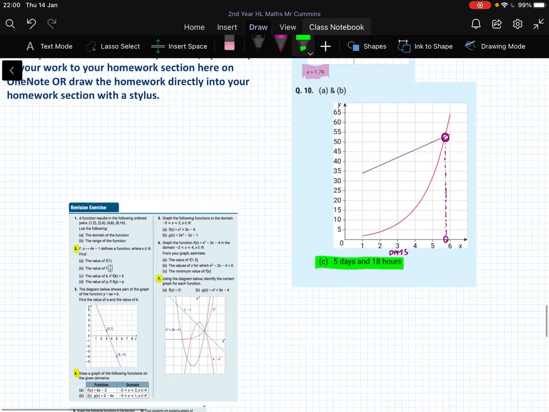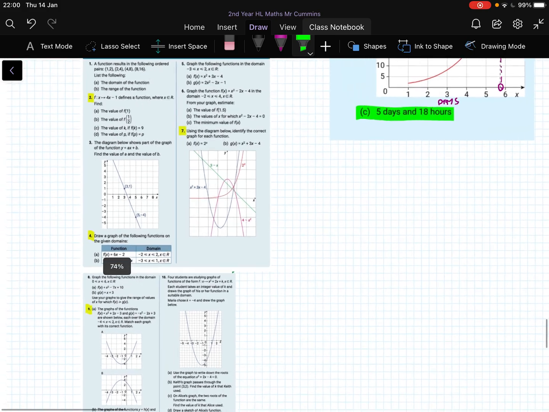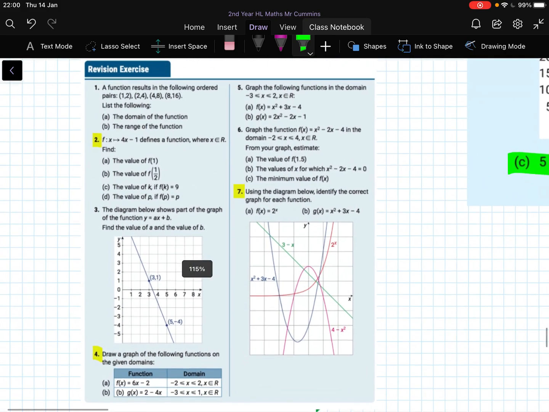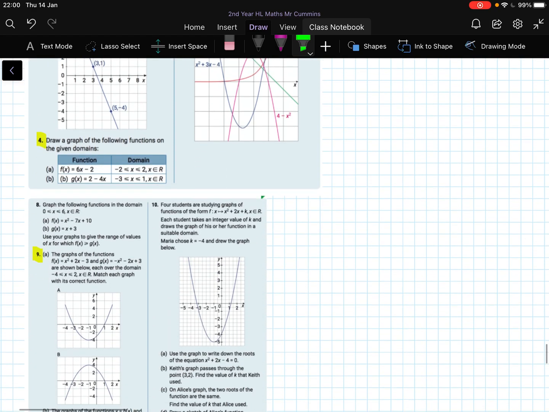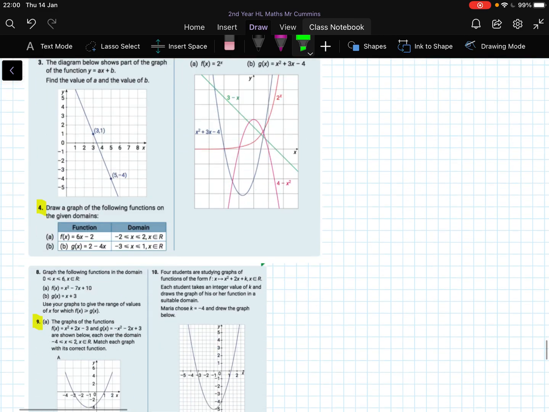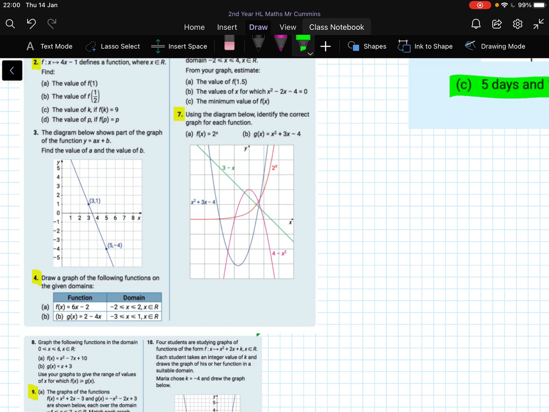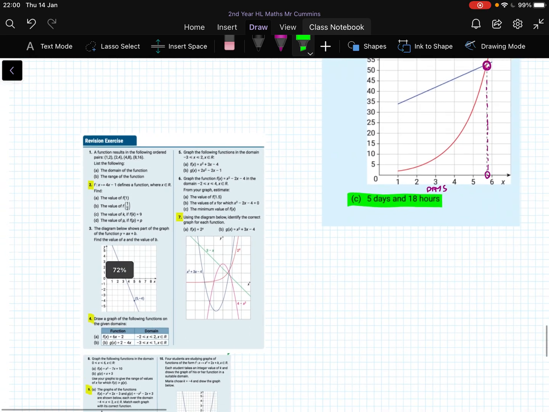Okay. Last thing I want you to do, and this is not homework, this is for the second half hour of your class today on Friday. This is just a revision exercise. It's a mix of all the different types of higher level functions questions. I've highlighted 4 of them: question 2, question 4, question 7 and question 9.